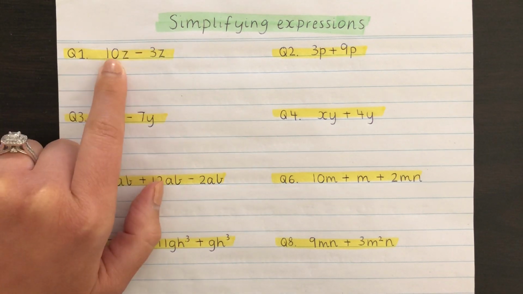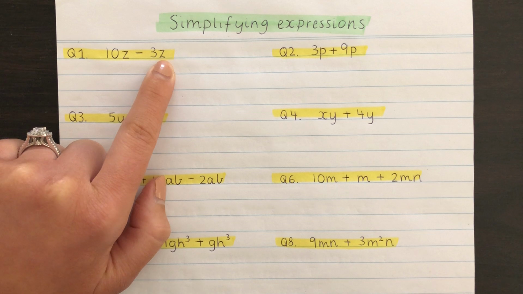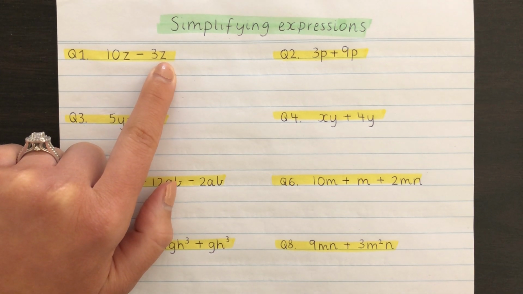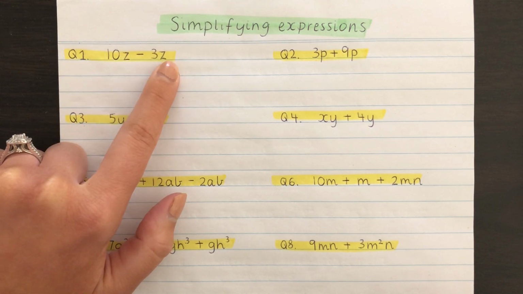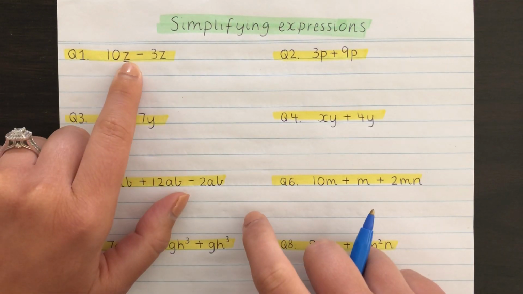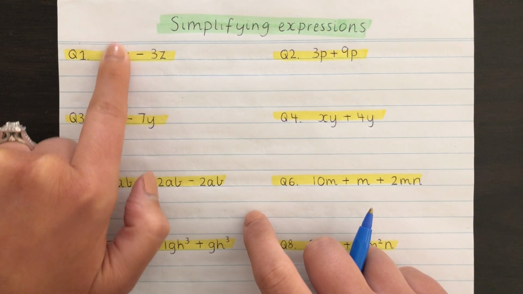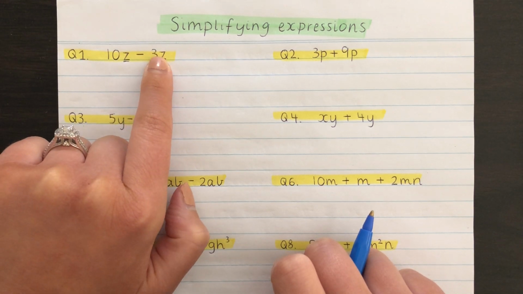So let's start from the start. We need to simplify 10z minus 3z. The first thing that you're going to do is figure out whether these are like terms or not. Because we have a z over here, this is one term, 10z, and 3z over here is another term.